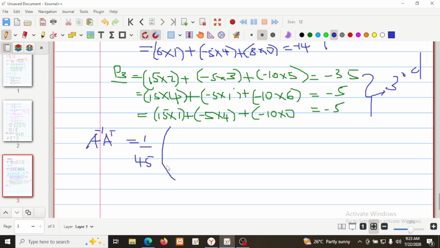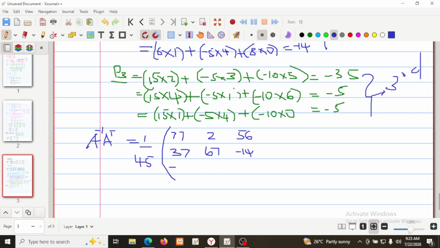Then everything we have 77, 2, 56, then we have 37, 67, and negative 14.